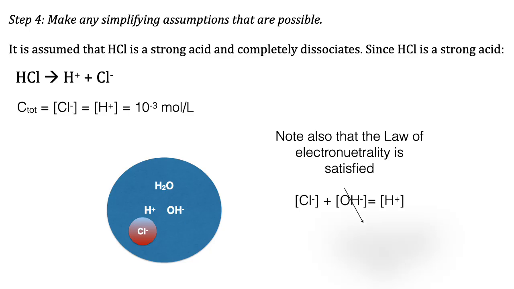It started out as 10 to the minus 7, and it's going to get lower. The hydroxide ion concentration is going to decrease because we've added an acid to solution. Thus, the concentration of the chlorine ion is equal to the concentration of the hydrogen ion, which is equal to the total concentration of acid added to the solution, which is 10 to the minus 3 moles per liter.